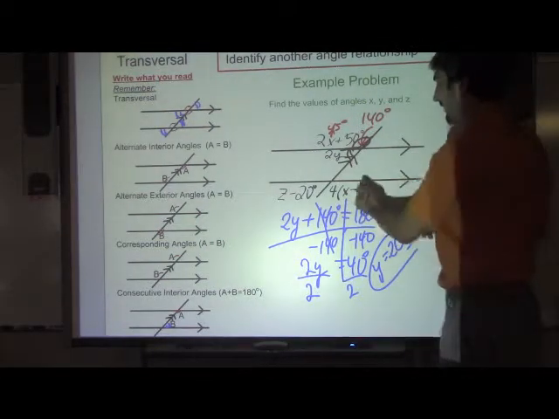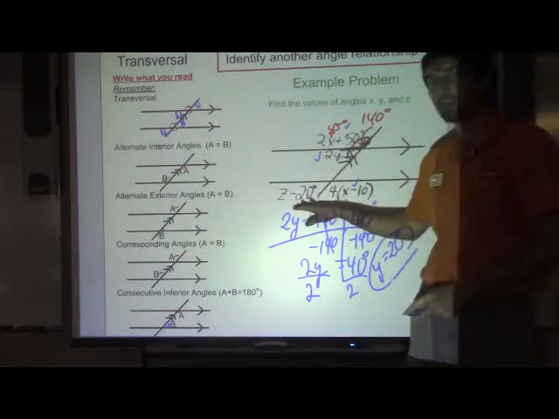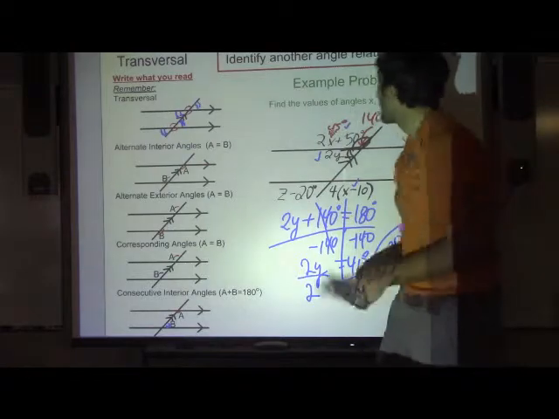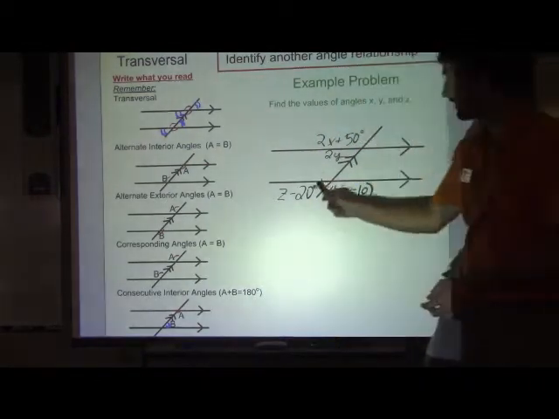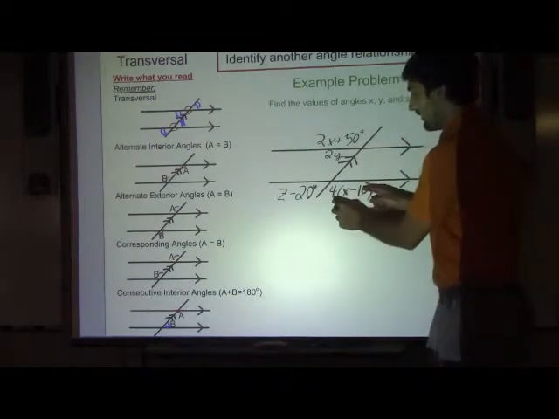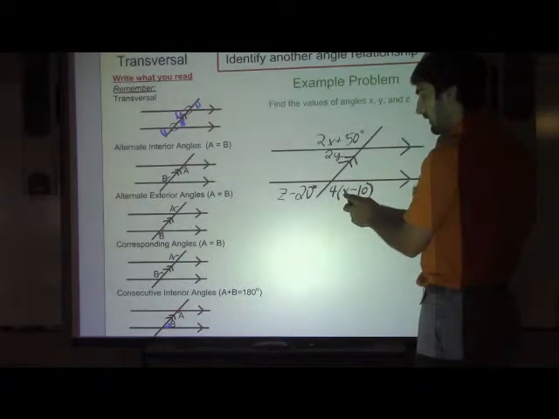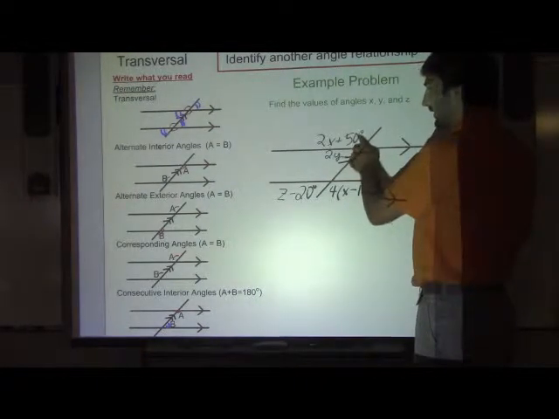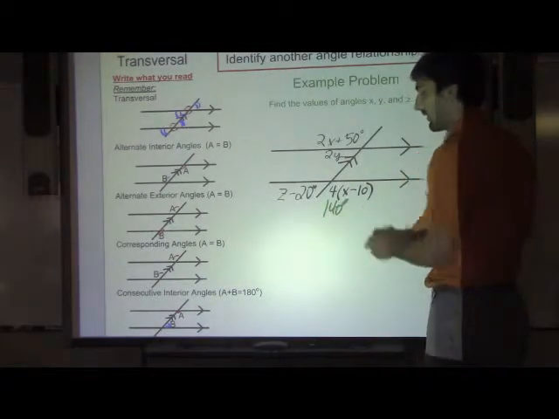We now have this angle, this angle, this angle. The last piece we have to figure out is z. In this case, I would probably relate z to the 4x minus 10. If we plugged in 45 degrees, this would come out to be the same as this angle by definition. So this is also 140.